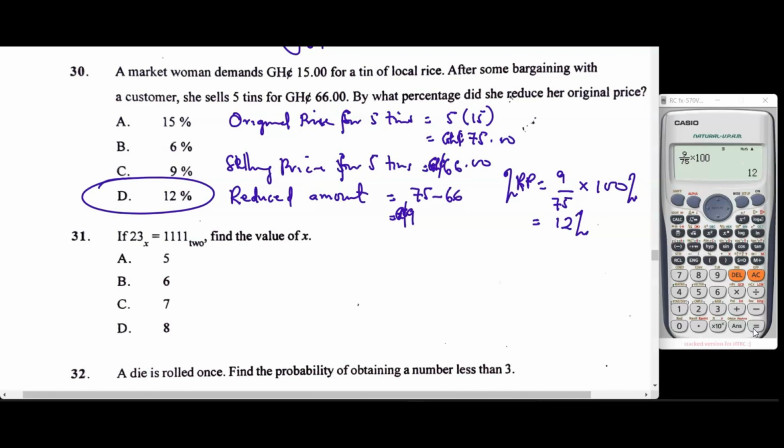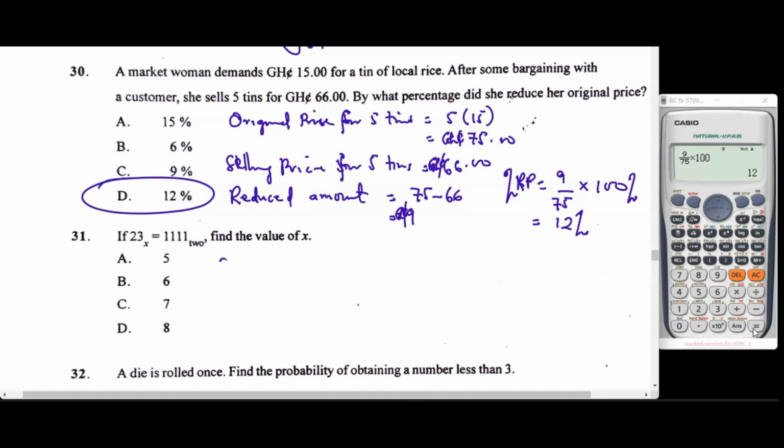All right, let's move on to the next question, number 31. It says 23 base x is equal to 1111 base 2. Find the value of x. So you just have to change all of them to a common base, and the best is base 10. So you have it as base x, then the place value must be considered.